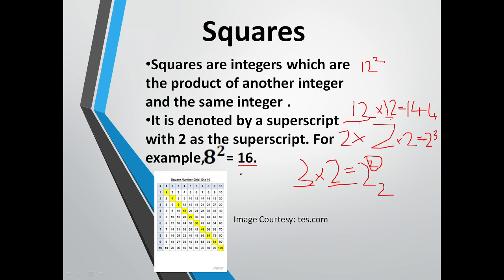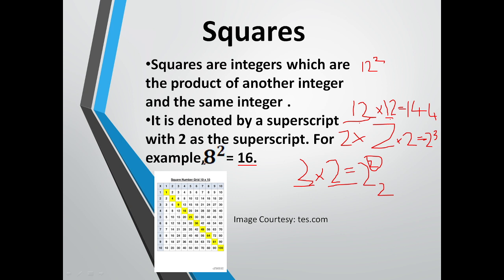One more thing, remember this, the mistake I have also done over here. 8 to the power 2 doesn't mean 8 into 2. Always remember this. The 8 is the base and the number in the upper part is the superscript, the power.